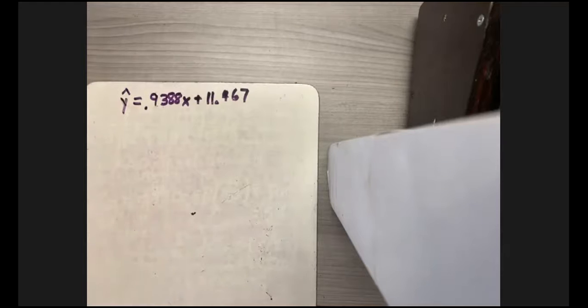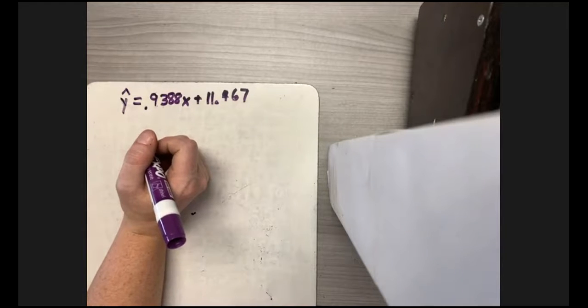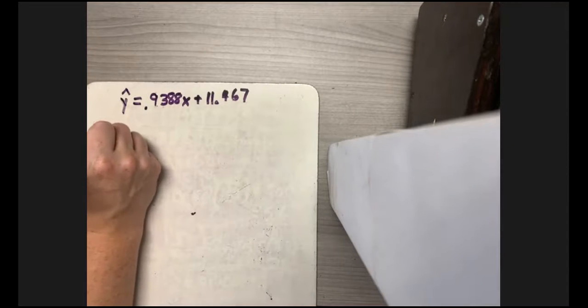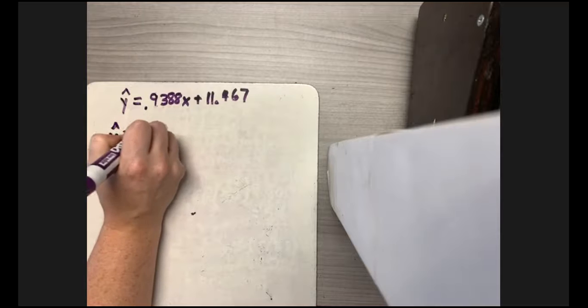Now it asks, if 2 institutions have budgets that differ by $20 million in 2006, how much would you predict their budgets to differ by in 2012? So I'm going to pick 2 numbers that are 20 apart. I'm going to pick 0.